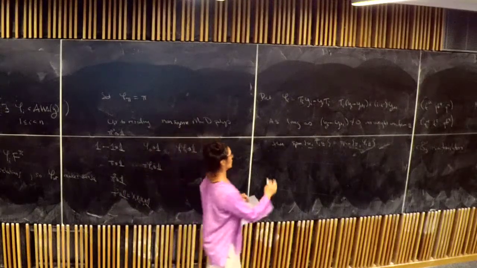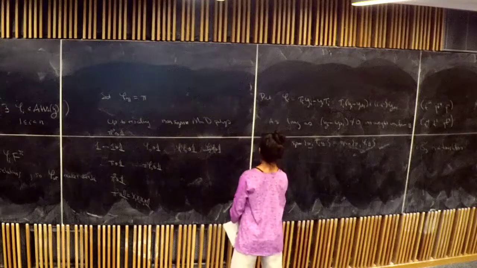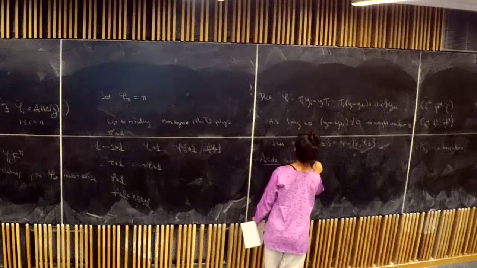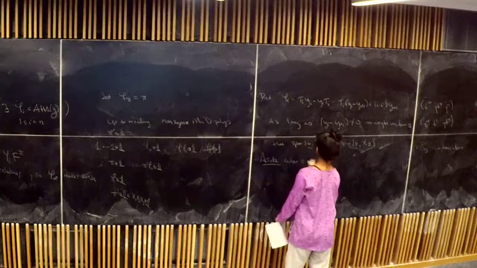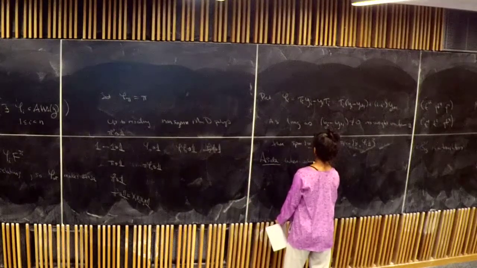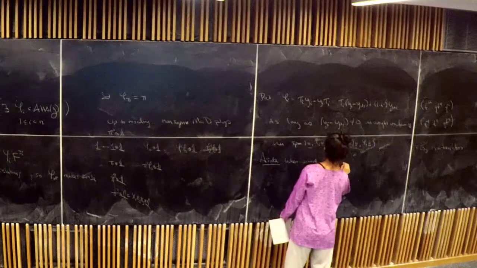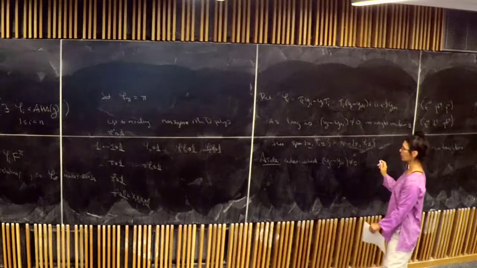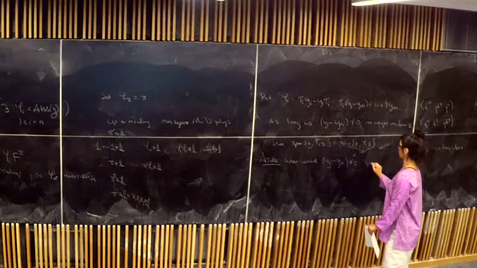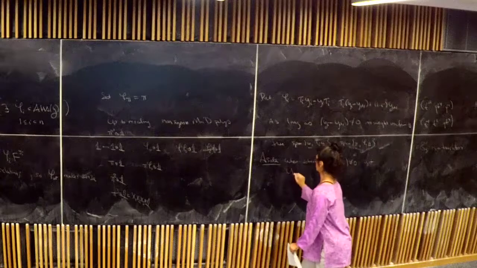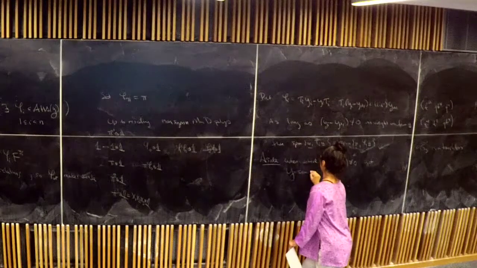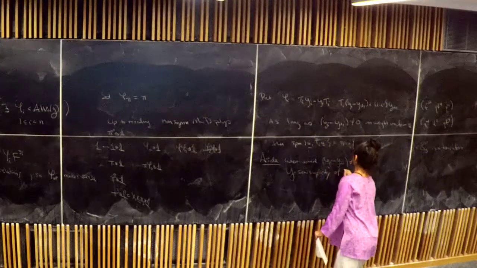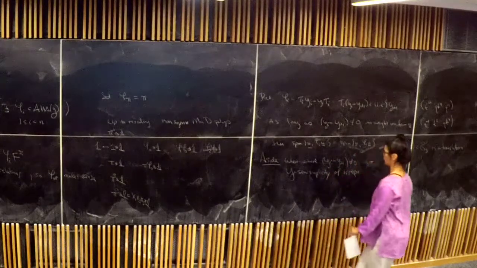So let me write something down on the side. When you're able to achieve this non-vanishing, you get y semi-simplicity, well, you have to start out with irreducible representations.